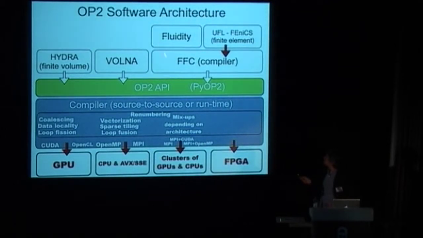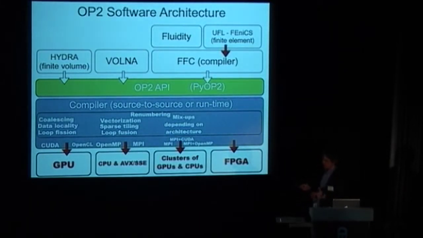And we've also got a bigger effort to compile Firedrake applications, which is a high-level, actually the name of the language is UFL. Firedrake is a set of tools to compile these UFL programs into OP2.